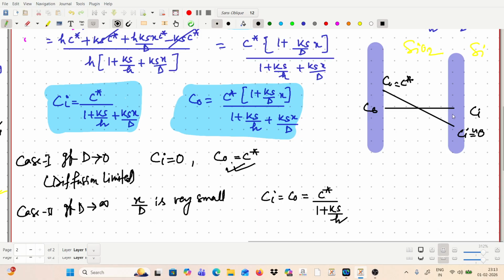But when D is 0, it should be like this.